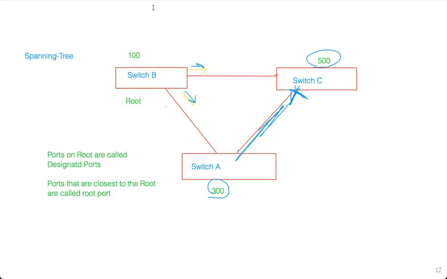In this case, what will be the root ports? This one will be a root port because it's directly connected to the root bridge. This one will be a root port because it's directly connected to the root bridge. So this is called designated port, and this is called designated port. This is called root port.